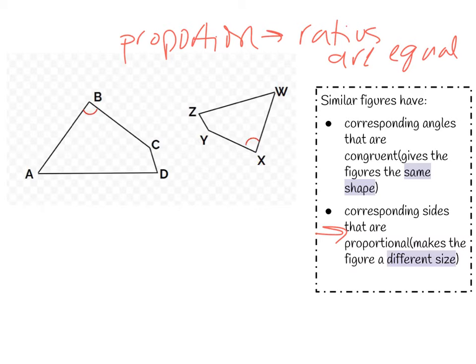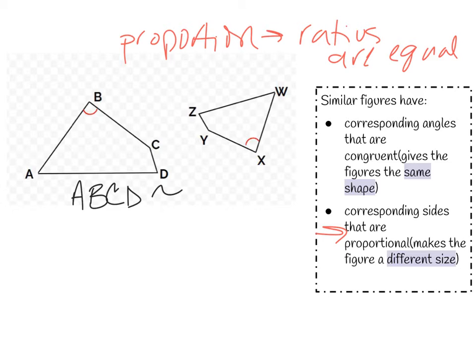Okay, so the first thing I'm going to do, because sometimes when figures like this quadrilateral here are turned crooked, I can't really see where my corresponding parts are, is write a similarity statement, even if it's not given. So I'm going to start with this first quadrilateral, A, B, C, D. And I know that's similar to this one because your question would have said these two figures are similar.